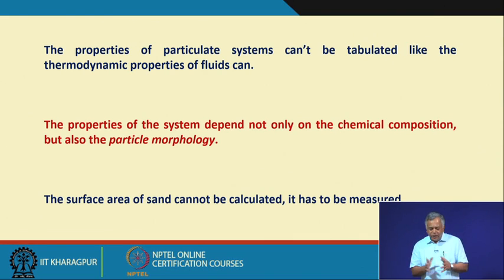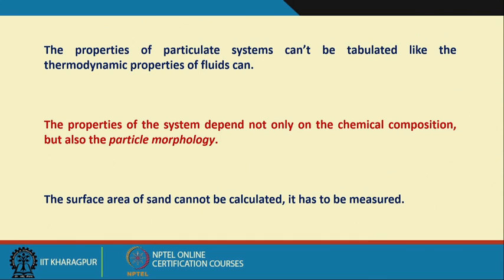The surface area of sand cannot be calculated, it has to be measured. Why? The individual sand grains may have different shapes. I am just giving an example. So, your surface area will change depending on the variation in the shape, and we cannot predict it.